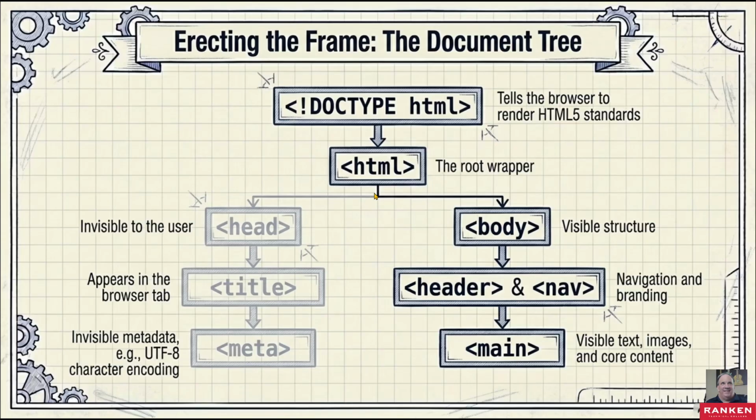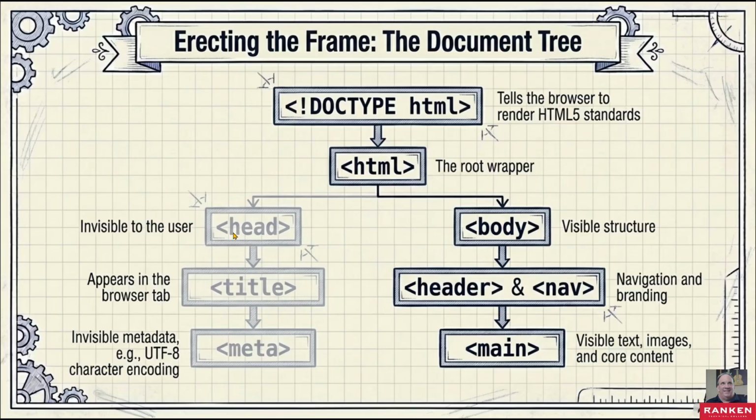But within your HTML document, there are some things that are not always displayed. They serve other purposes within the code, right? Like the head section, which is invisible to the user.